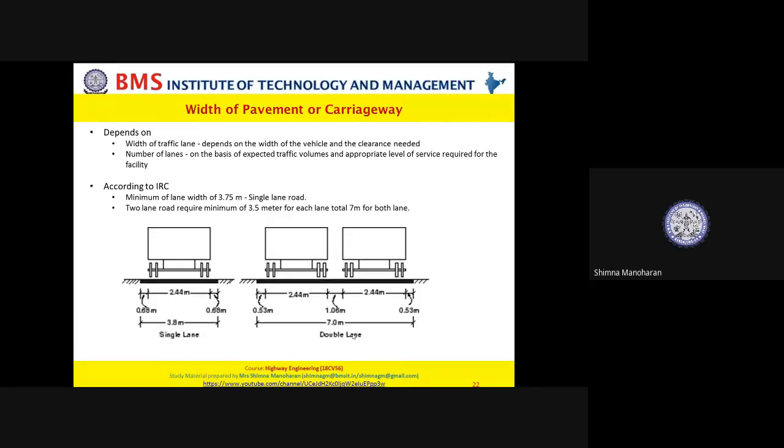In front of our college, is it a single lane road or a double lane road? Two lane, ma'am. Yes, it's a double lane road, right? And totally, how many directions are there? If we consider both the directions, what is the total number of lanes?